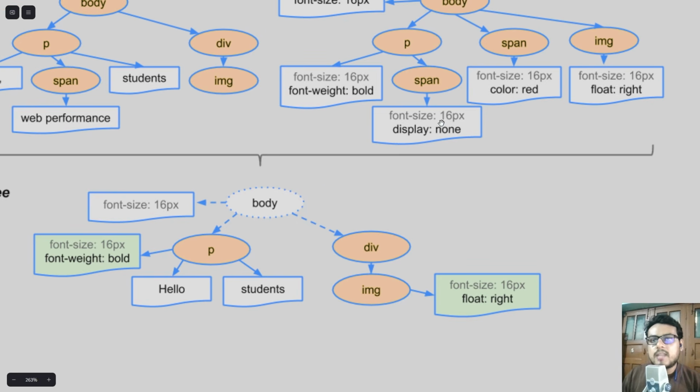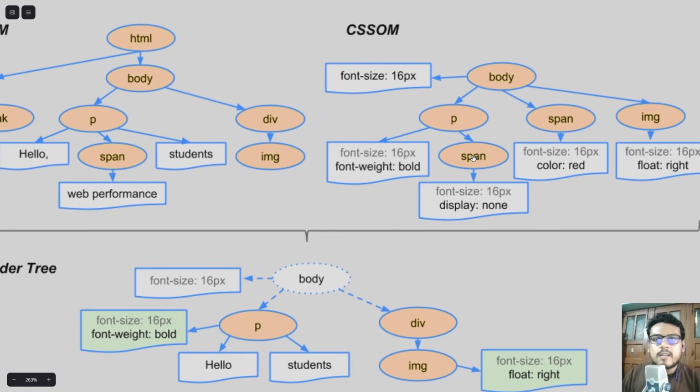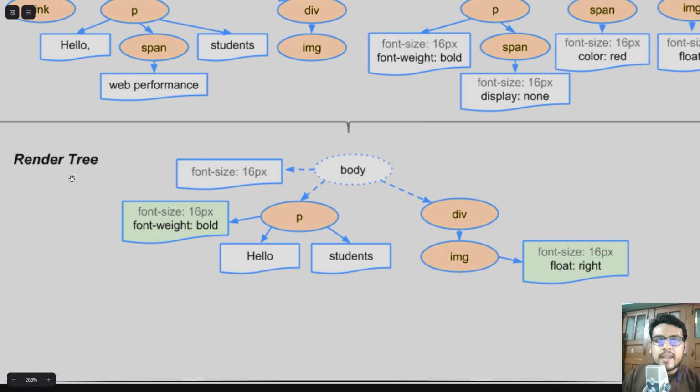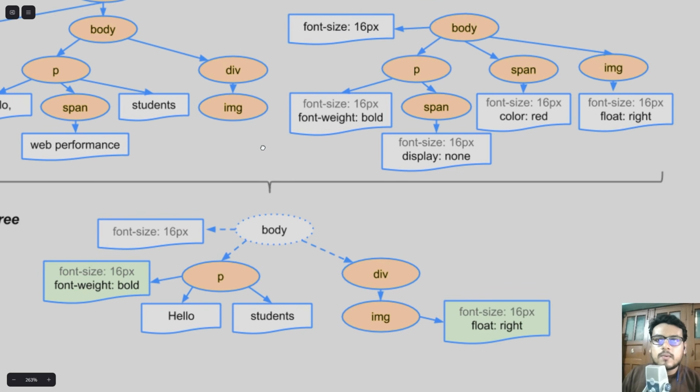Oh, exactly, I understand. This was actually because of display none. This style has display none, which means it is not going to be visible on the screen. So even though this span has content, web performance, the display none property from the CSSOM was applied, and it is up to the final render tree to decide whether to include this span or not.